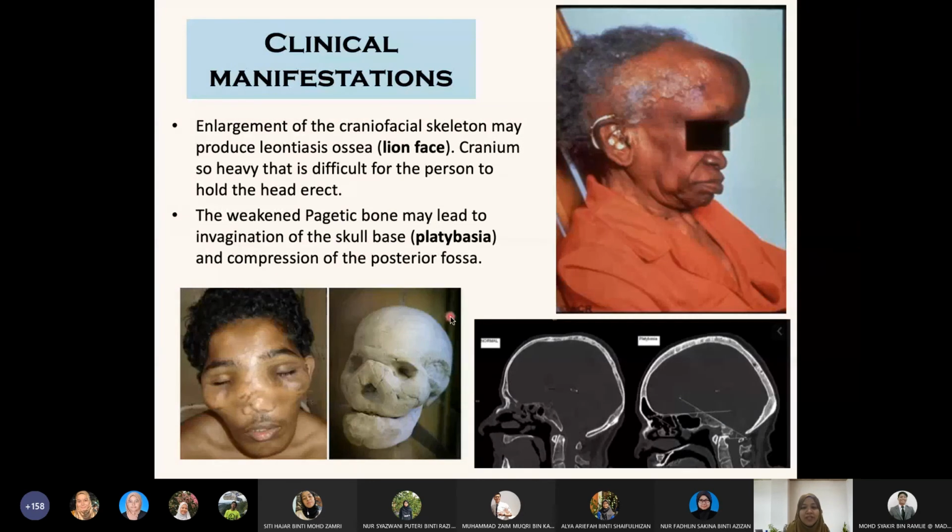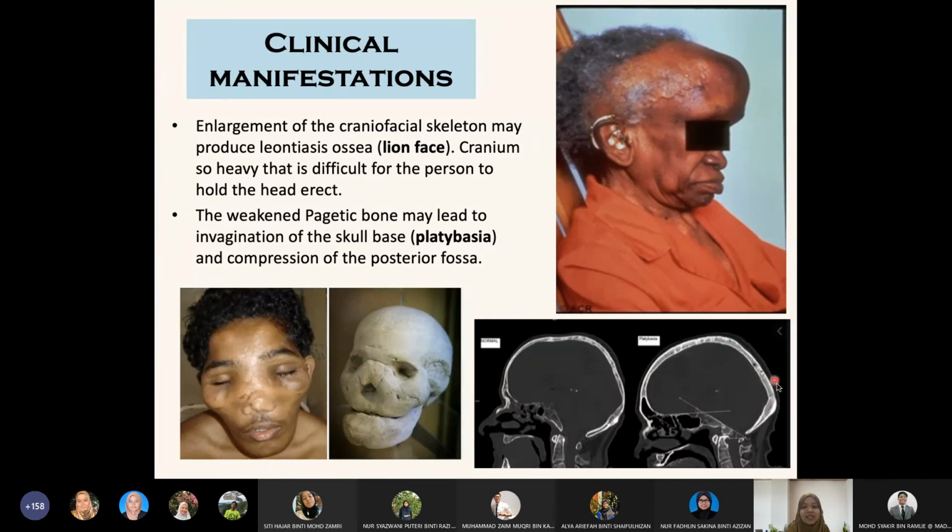Another manifestation, if the condition is severe, they can have enlargement of the craniofacial skeleton, so they can produce leontiasis ossea, or a lion face. So the cranium sometimes can be very heavy, so it will be difficult for the patient to hold the head erect. And then the weakened pagetic bone can also cause invagination of the skull base.